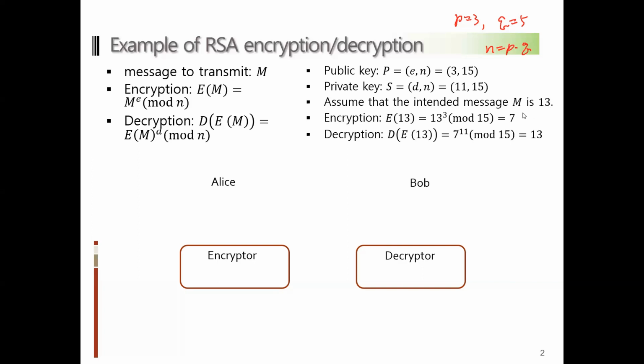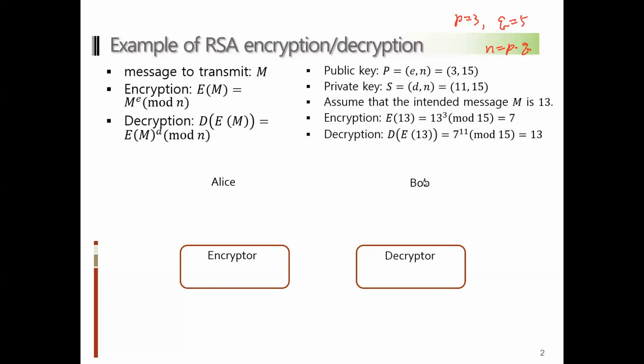Let's say the message Alice wants to transmit to Bob is represented as the number 13. How can Alice transmit the message 13 securely to Bob? Now the protocol starts.